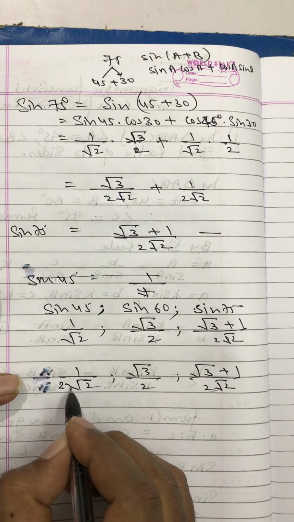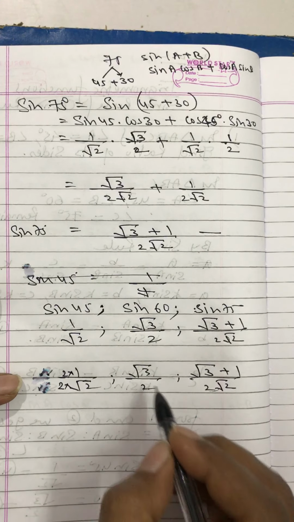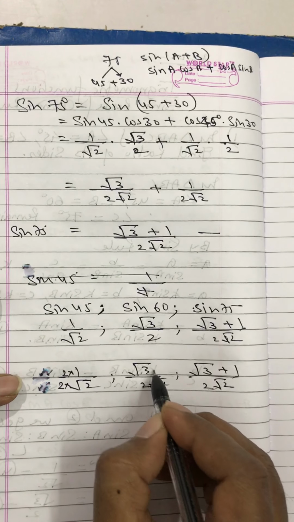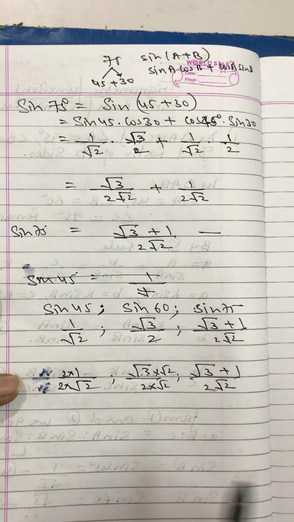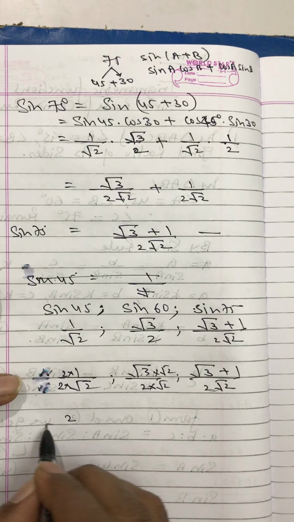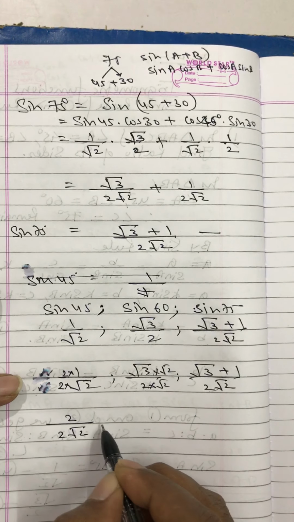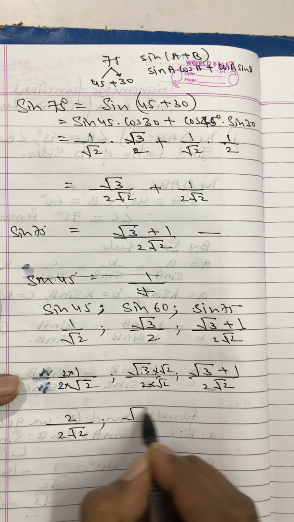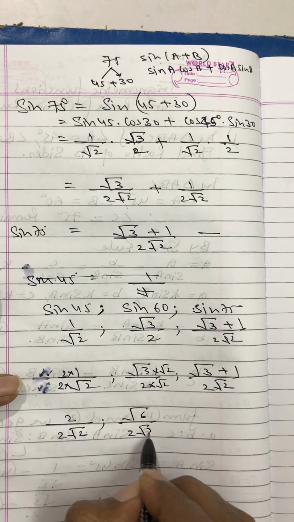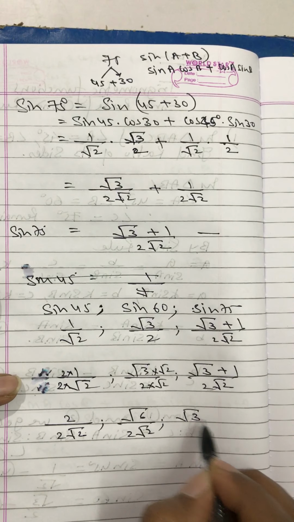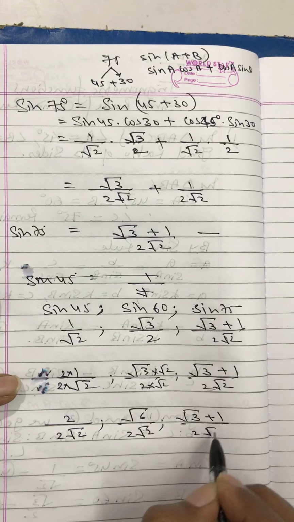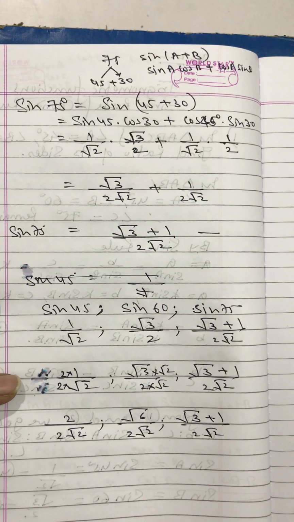So here I will multiply this by 2, multiply this by 2. Here I will multiply this by root 2 and here I will multiply this by root 2. This can remain same. 2 upon 2 root 2, root 6 upon 2 root 2, and this will be same, root 3 plus 1 upon 2 root 2. Now I can find the values of this.